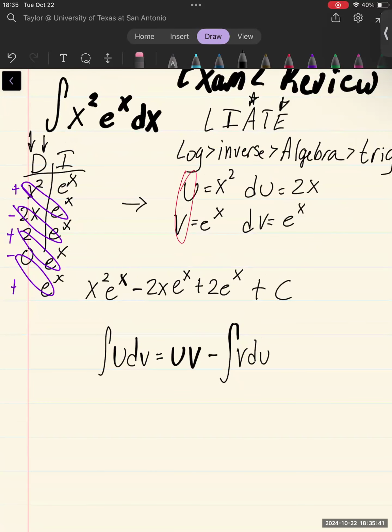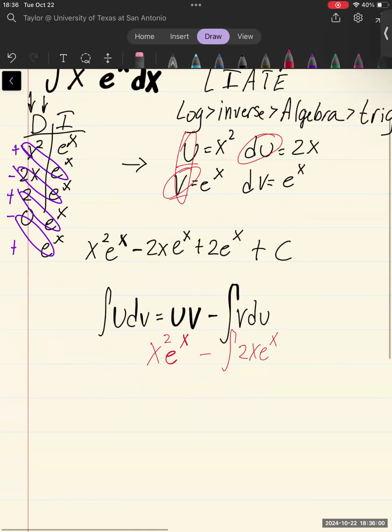So circled in red here and here, I have x squared e to the x minus the integral of v and du, making this 2x e to the x. And then you'll see what happens here. If we don't use the tabular method, we're going to have to do integration by parts again. But ultimately following that, we'll get to this answer.